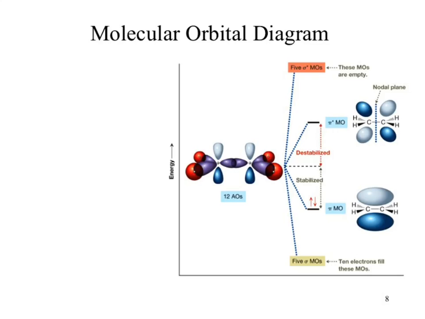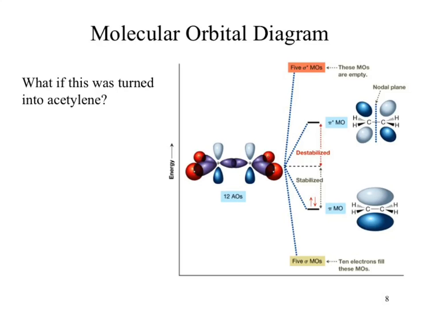What orbitals are used to make the sigma bonds? The s orbitals. What orbitals are used to make the pi bonds? P orbitals. Which is higher in energy? P orbitals. Which bond would we predict to be higher in energy? Probably the one using higher energy orbitals. That tends to make sense. It's not always true, but it's pretty darn close.